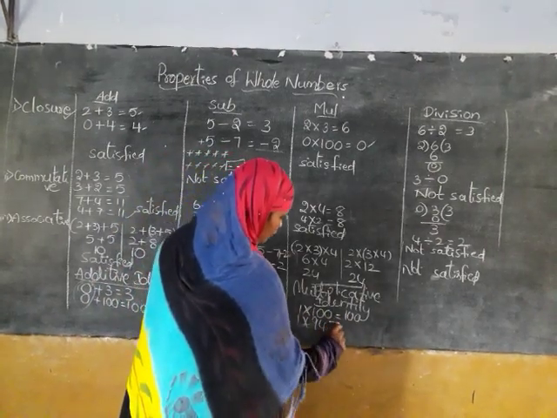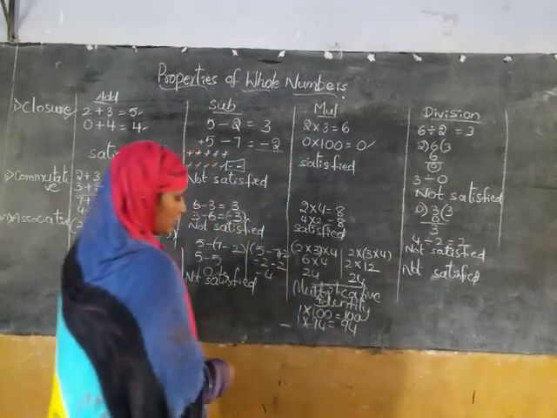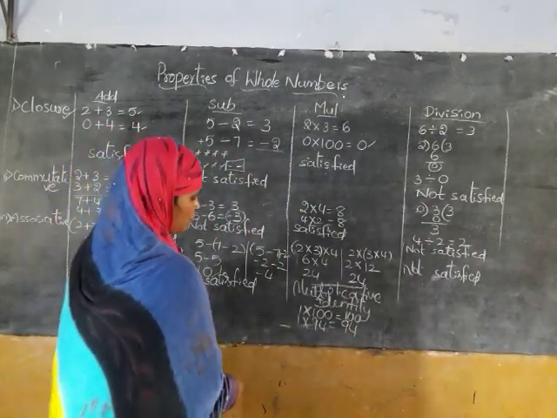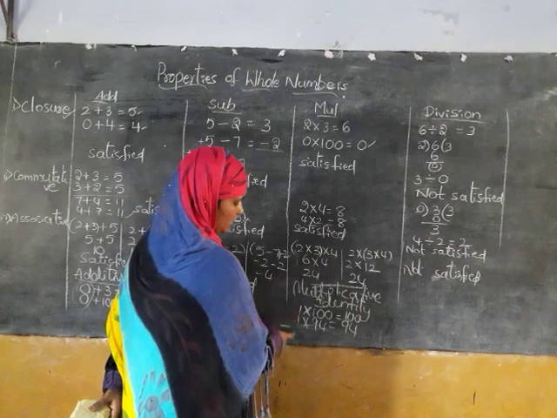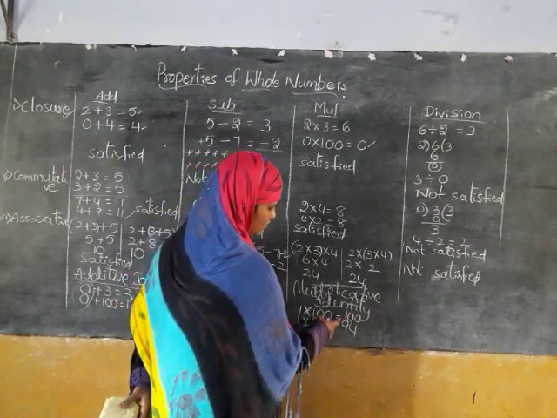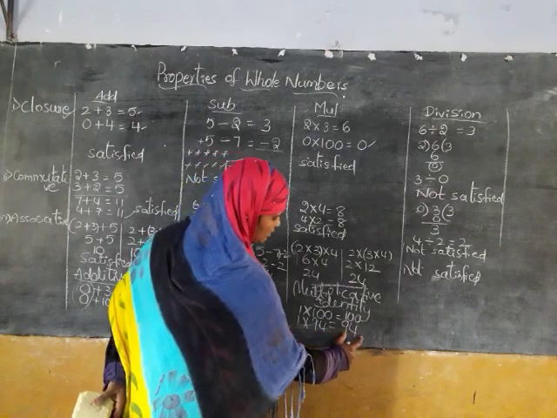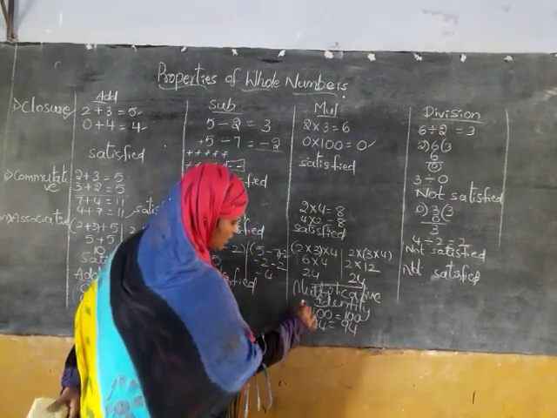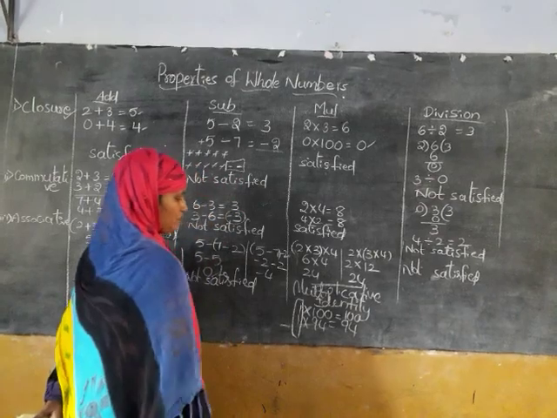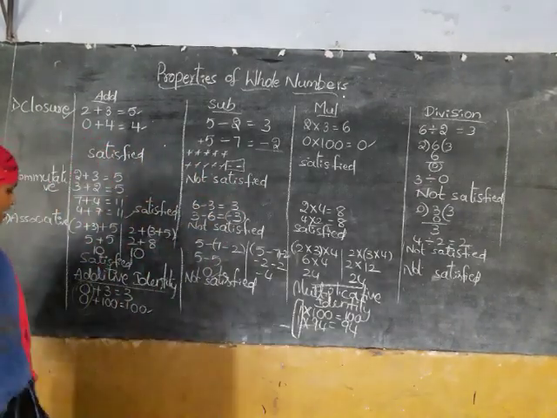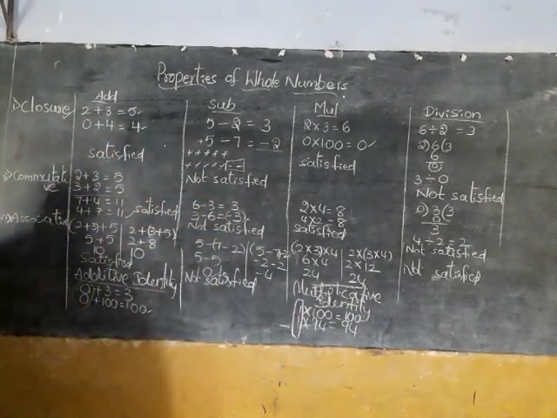Suppose 1 into 94, 94. So if you multiply any number with 1, the answer is whatever the number you are taking, that number is displayed as the answer. From this we can say that 1 is called the multiplicative identity. Here 0 is called the additive identity.